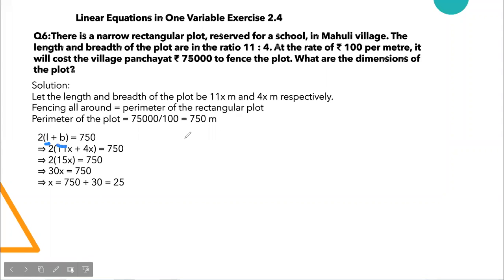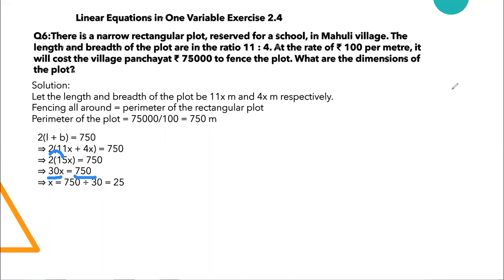How can we do this? The length and breadth, as we thought, we just write them down as 11x and 4x, right? So when we add them up, what do you get? 15x. How do you solve this? It's quite simple. Multiply 2 into 15, that gets you 30x, which is equal to 750.